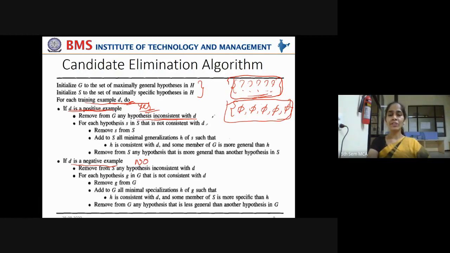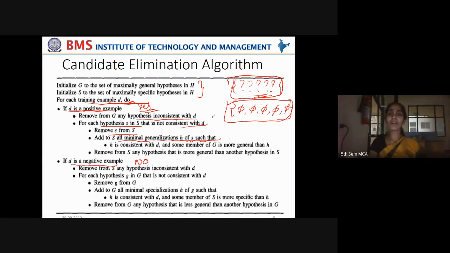Next, for each hypothesis s in S that is not consistent with D, what you have to do? Remove s from S. Remove that specific hypothesis from S. Add to S all minimal generalizations h of s such that h is consistent with D and some member of G is more general than h. Do not worry, every part will be explained in the example.